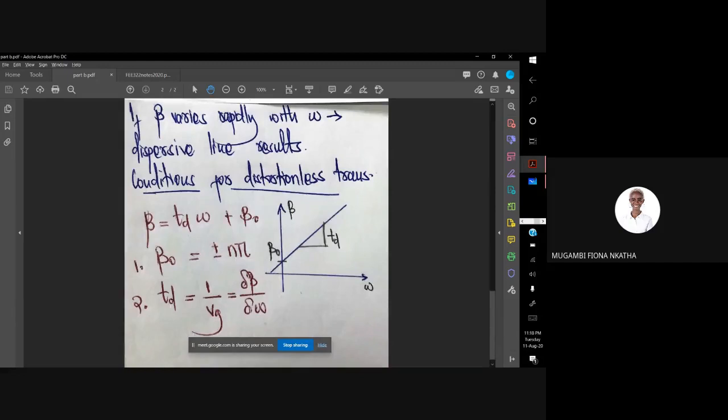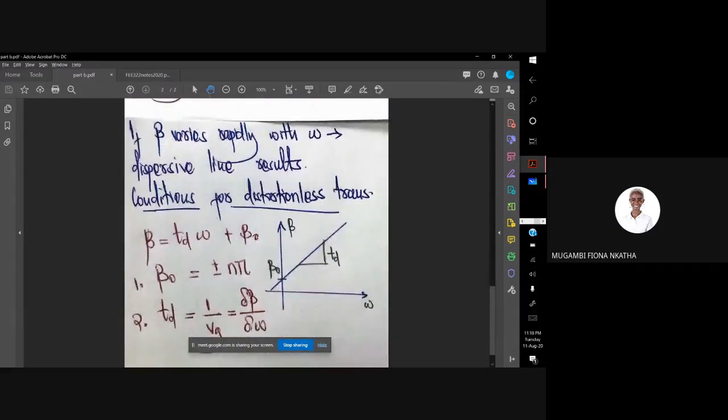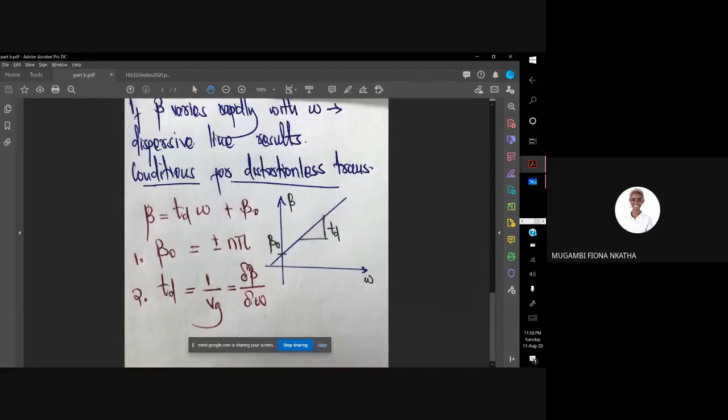This is the line equation: beta is equal to TD omega plus beta naught, where beta naught should be equal to plus or minus n pi. And the second condition, TD, is equal to the reciprocal of the group velocity. So you can see the gradient is TD, and the y-intercept is beta naught.